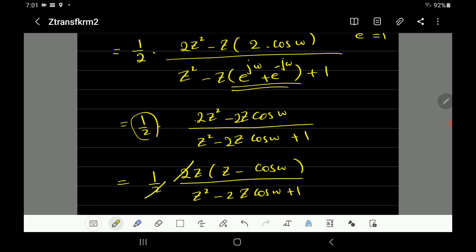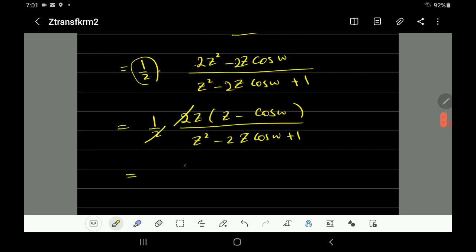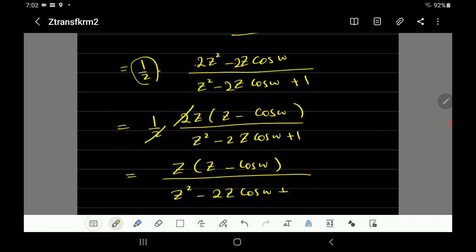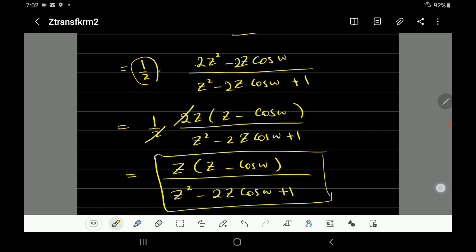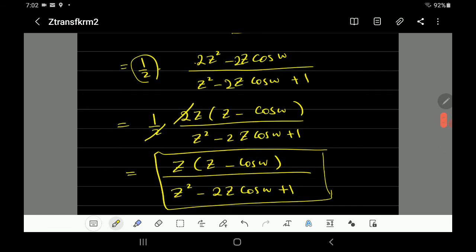So this cancels. So that's what you got. The final expression: z times z minus cosine omega, divided by z square minus 2z cosine omega plus 1. And that would be the final expression for the Z transform of cosine omega n u[n]. I hope that was clear.